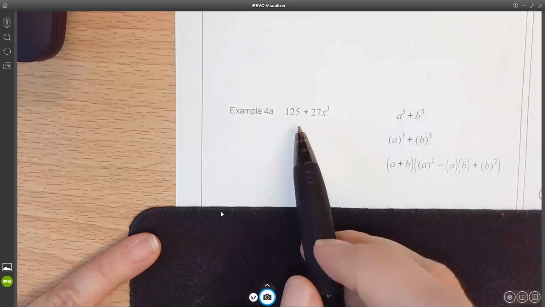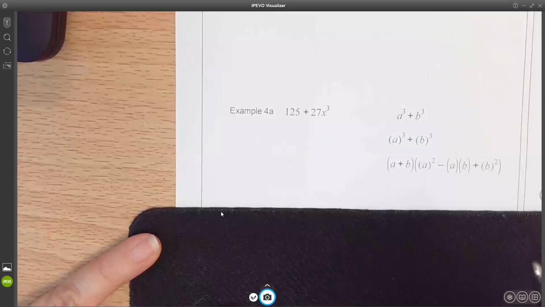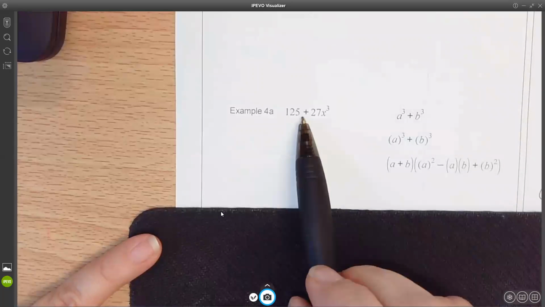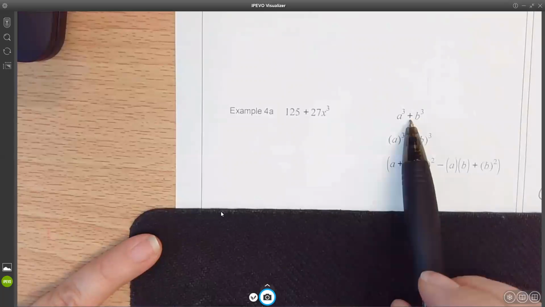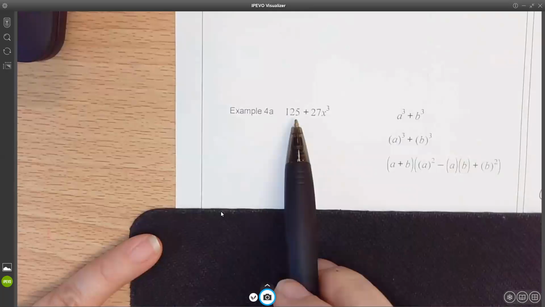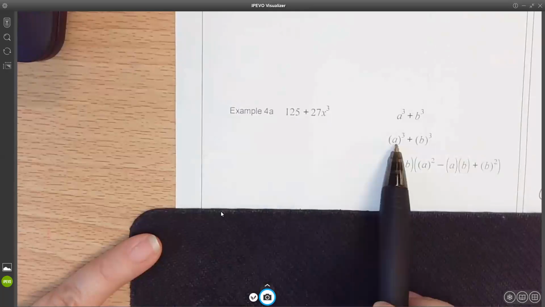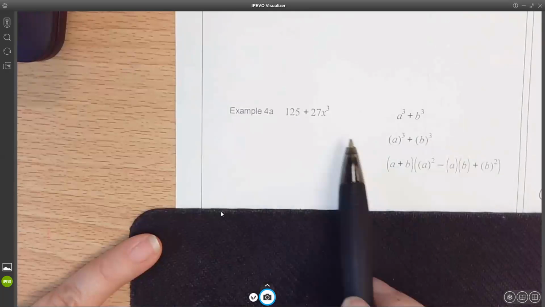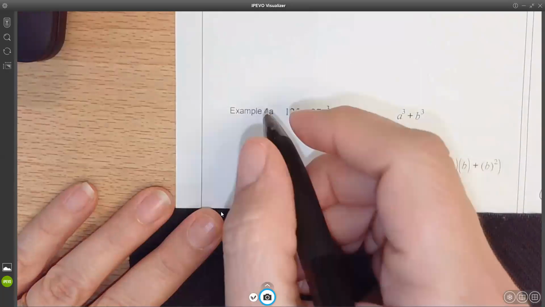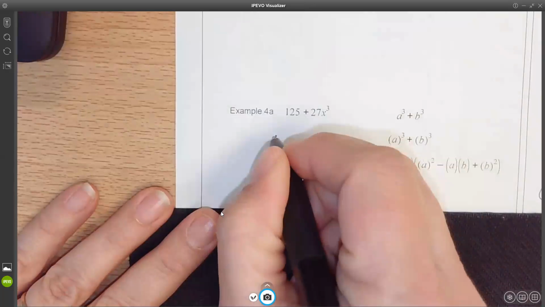If I have a sum of perfect cubes, where I have a cube plus another cube, like this, I can sort out what number is being cubed or what variable is being cubed. Like this 125 is 5 cubed.